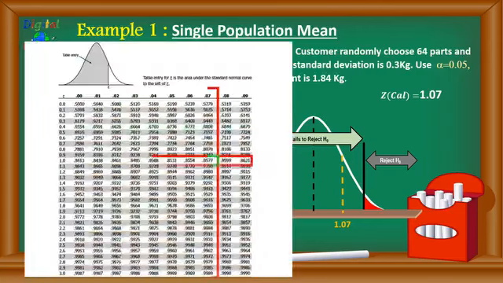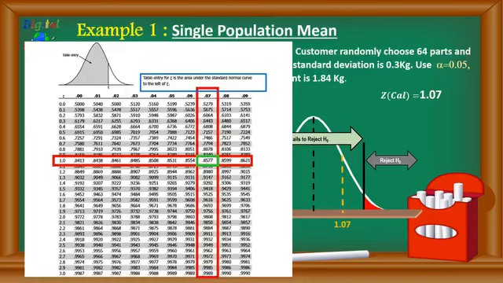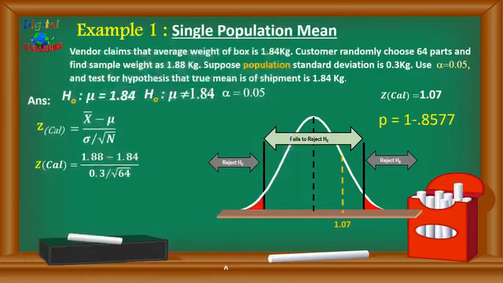When we go back to the Z table, we find out what is 1.07. So 1 from the Z table on the last column and 07 from the vertical column. So we get 0.857. This entry in the table is the standard normal curve area to the left of the Z value. That means I'm getting P as 1 minus 0.8577.